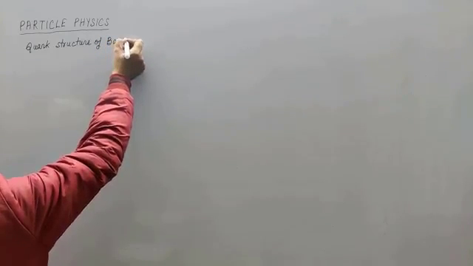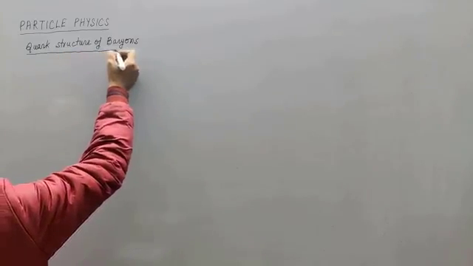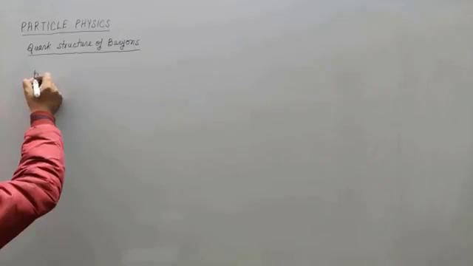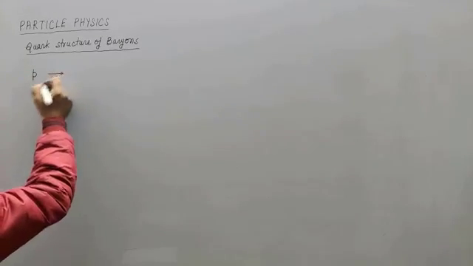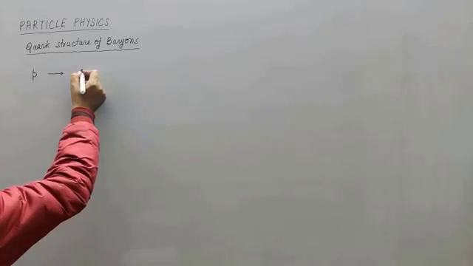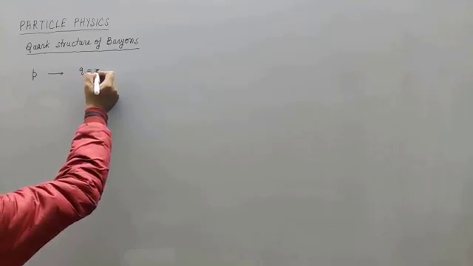We are going to learn how to find out the quark structure of baryons. Suppose I am taking proton. What is the total charge on the proton? Total charge Q on this proton is plus e.